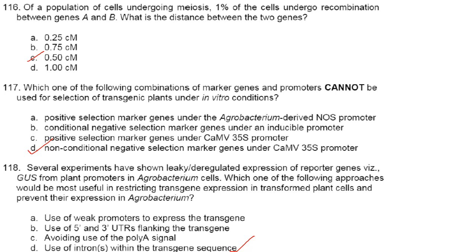In transgenic plants containing this chimeric gene, the intron is spliced efficiently, giving rise to GUS enzymatic activity, whereas no GUS activity was detected in Agrobacteria containing this construct due to lack of a eukaryotic splicing apparatus in the prokaryotes. So answer is use of introns within the transgene sequence. Answer is option D.